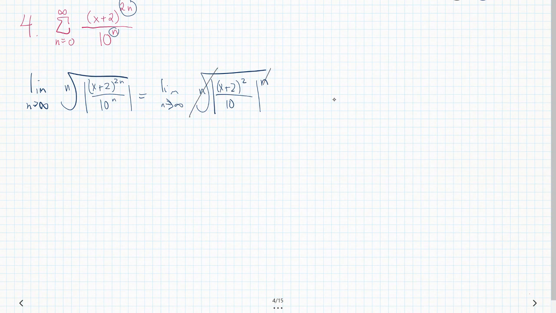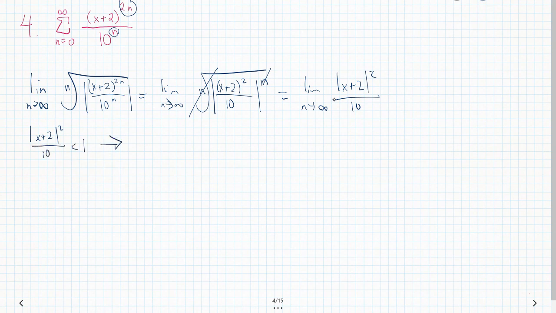So now we have something canceling, and we have the limit as n goes to infinity of, notice this is just the absolute value of x plus 2, the quantity squared, all over 10. Right, because absolute value of 10 is just 10. So notice though, there's no n involved. So what this becomes is the absolute value of x plus 2, the quantity squared, over 10 is less than 1.